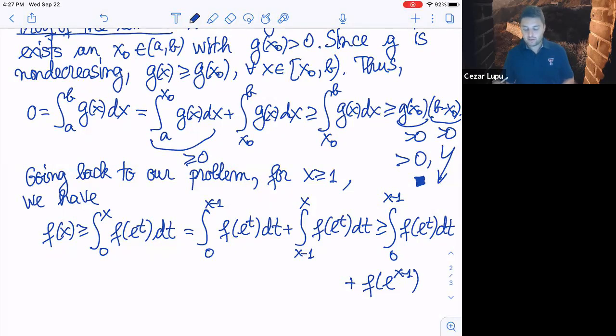So the function is non-decreasing, so therefore we have this inequality.